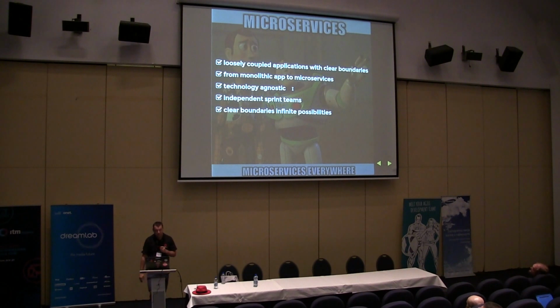So the general takeaway from the three resources is that microservices are loosely coupled applications with clear boundaries. What does it mean? You have small applications, each of them well defined, each with clear boundaries and clear API interfaces. You define how you communicate with the rest of the world.